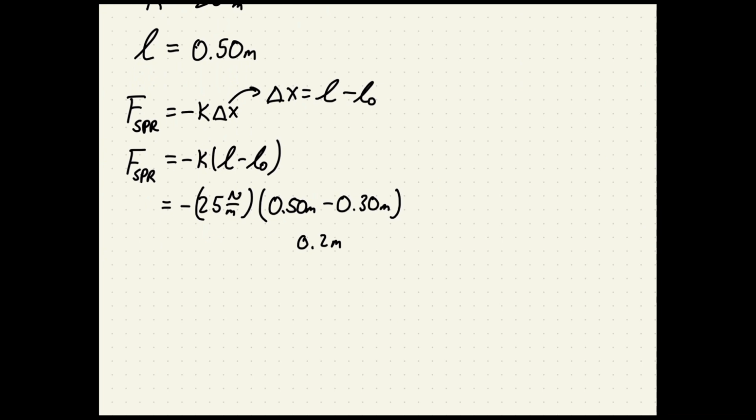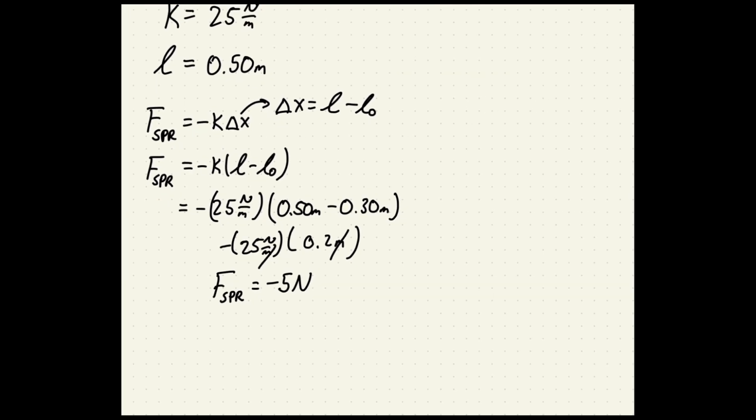When I do that, I would get the answer of 5. And my meters cancel, top and bottom. I'm left with newtons, and we get 5 newtons and a negative sign.